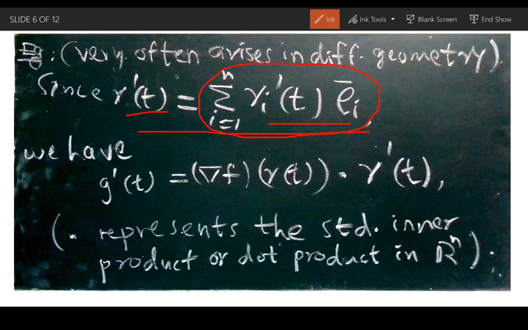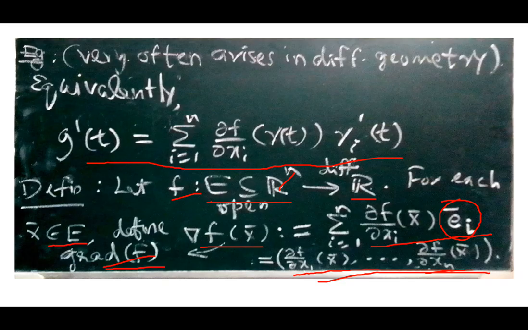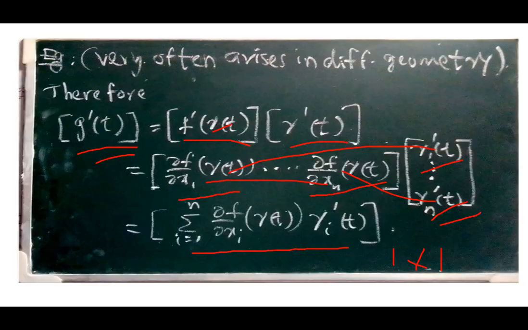So gamma dash of t is this thing, and therefore we have g dash of t. What was g dash of t? Let us go to the previous slide. What is g dash of t? Yeah, g dash of t is this thing.